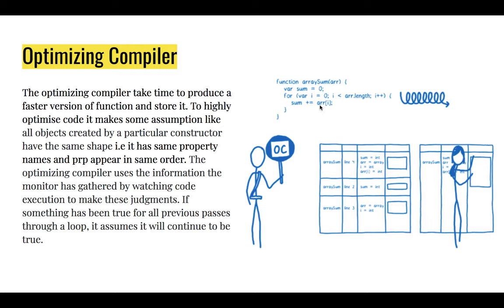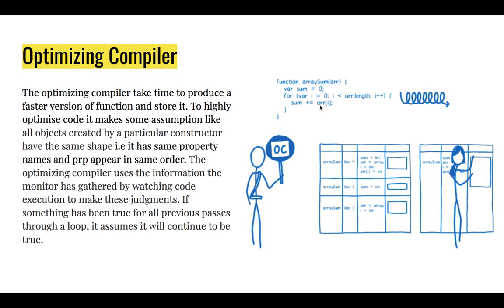Thus it made the assumption that for future iterations this will be true. In the case that the array consisted of objects, it could have assumed that the objects belong to the same type, or I should say the same shape. What I mean by same shape is that objects have the same properties in the same order.